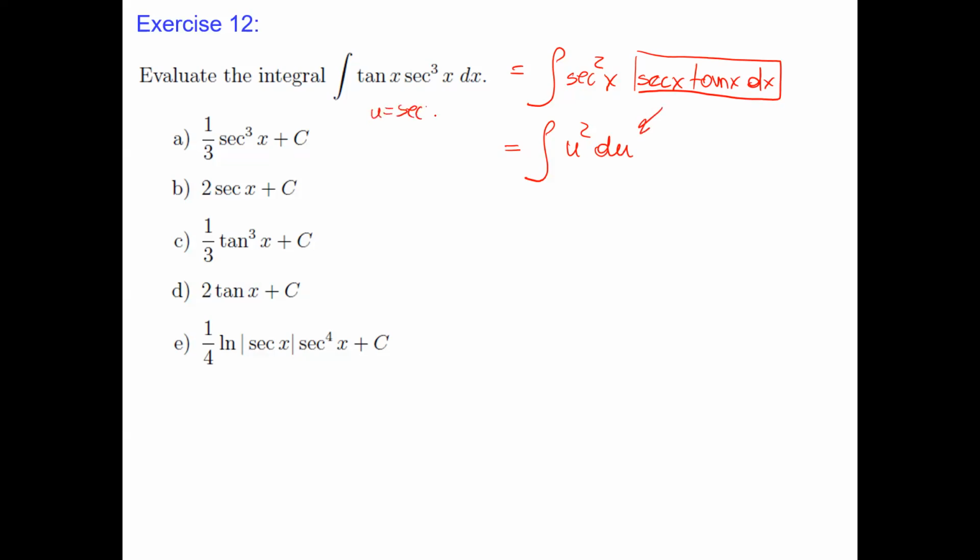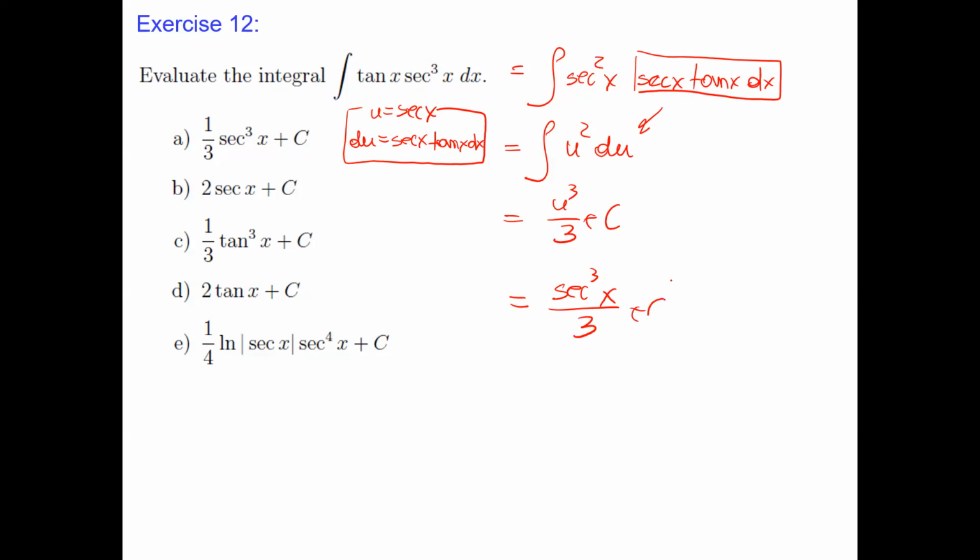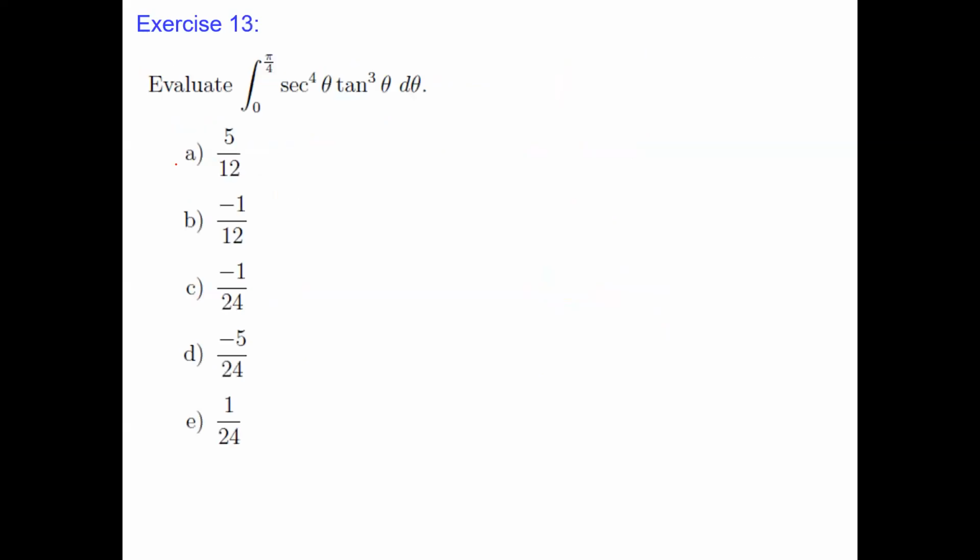If u is secant of x and du is sitting in the box, secant tangent. Okay, perfect. And integration and replacing, secant cube. This is the final answer, and I don't know which one works. I hope one of them will work. Okay, but please practice. Okay, another one.